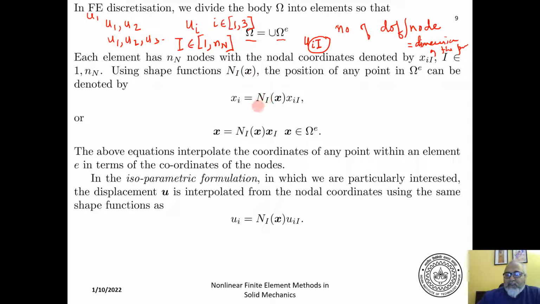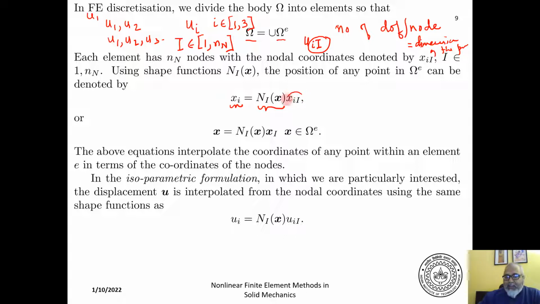So the direction and the node number have to appear together in every case, so that when we use shape functions at nodes capital I, the position vector of any point, denoted by its components xi, will be given by N^I times x_i^I.